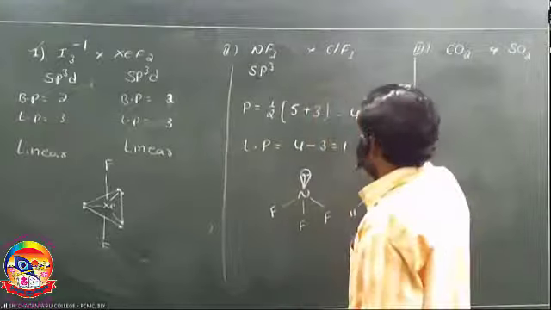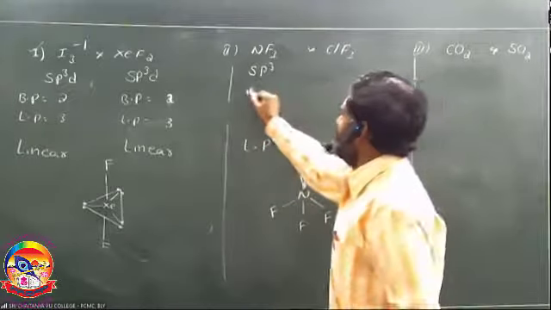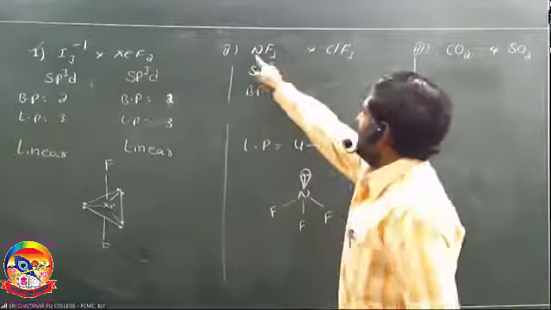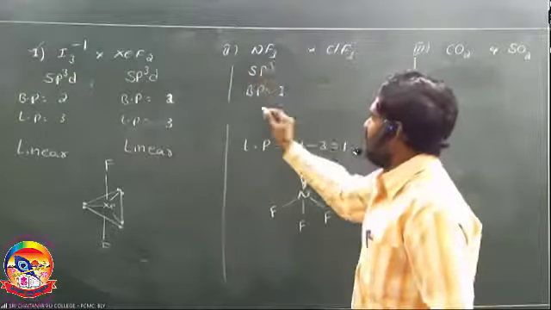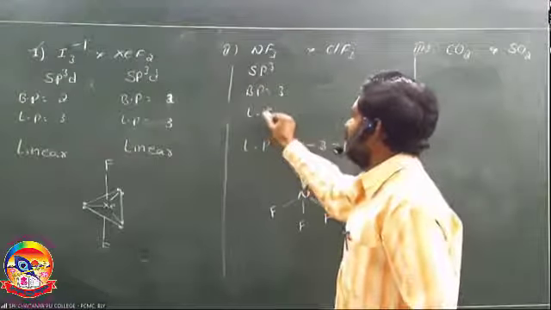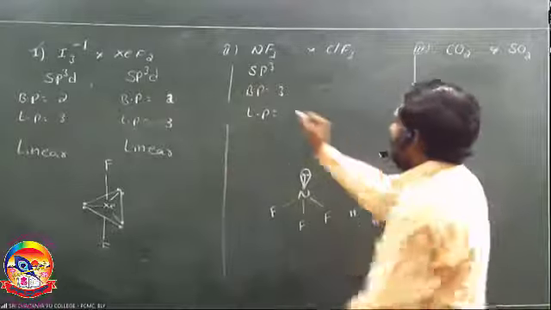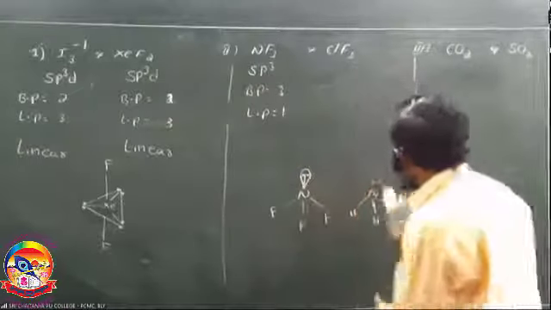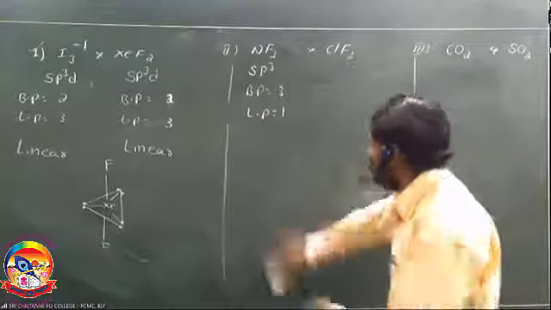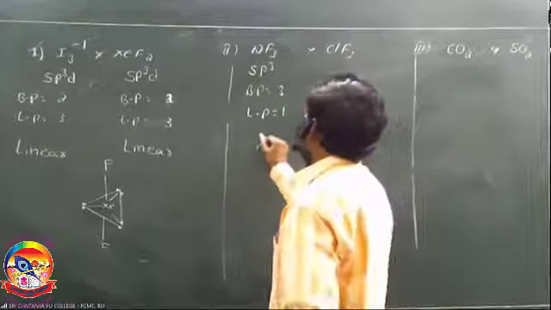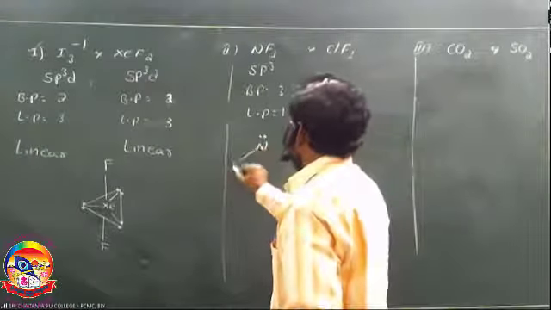Next, number of bond pairs 3. Nitrogen forms 3 bonds. So number of bond pairs 3. Number of lone pairs 1. So what is the geometry of NF3 molecule? Pyramidal. Like ammonia, pyramidal.